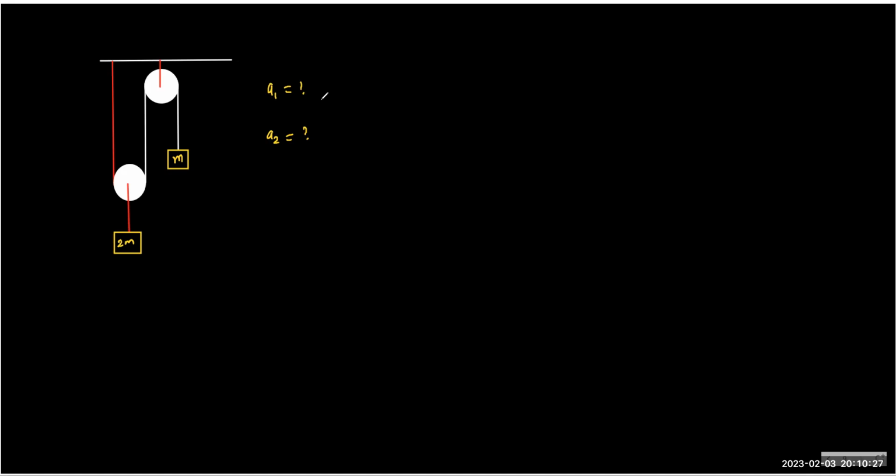Can you guess the tension? So 3G by 1 by M plus 4 by 2M. 4 by 2M. So how much is that?